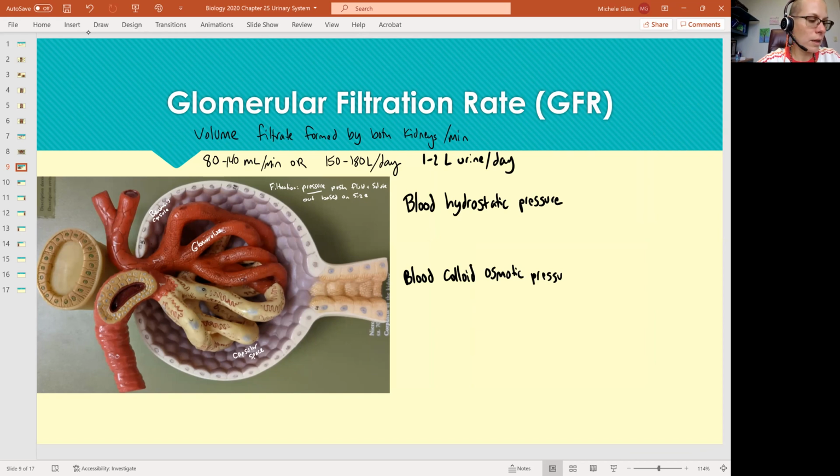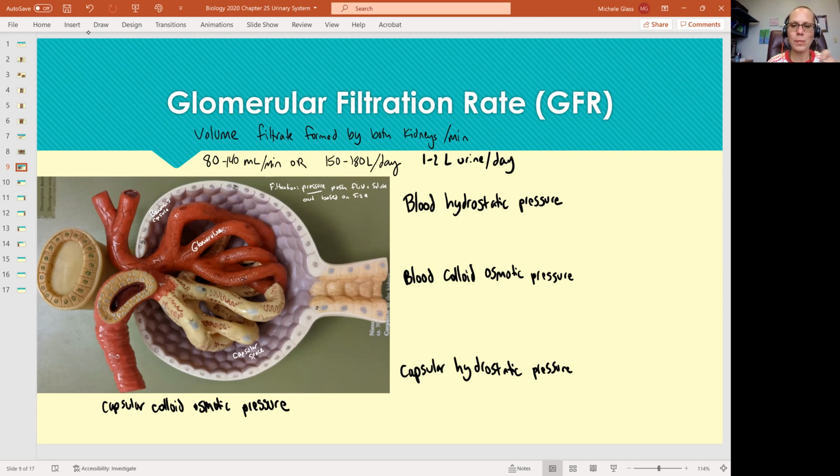And then we have the capsular hydrostatic pressure. And let's also mention here the capsular colloid osmotic pressure. So let's talk about these three.